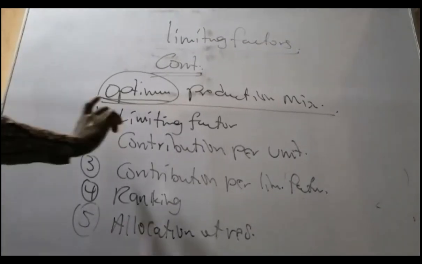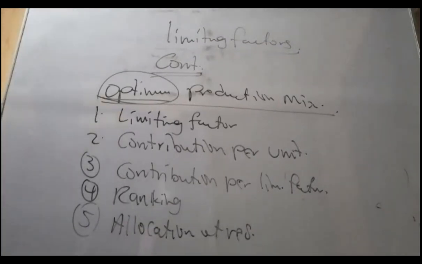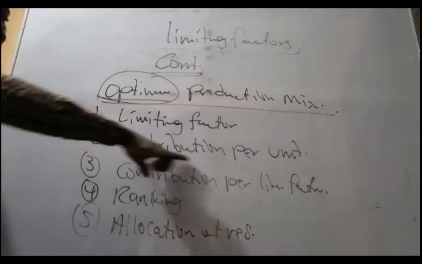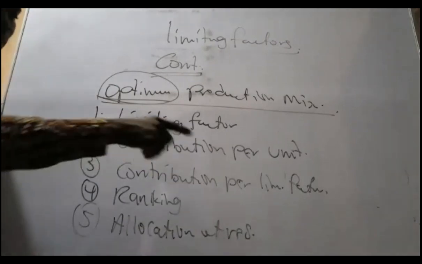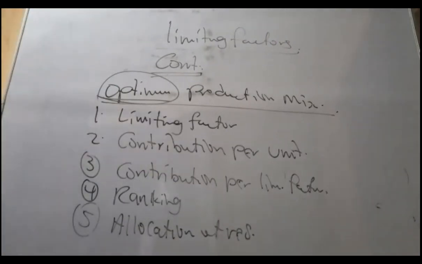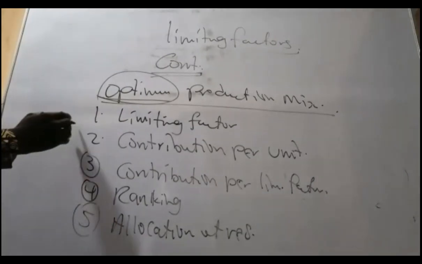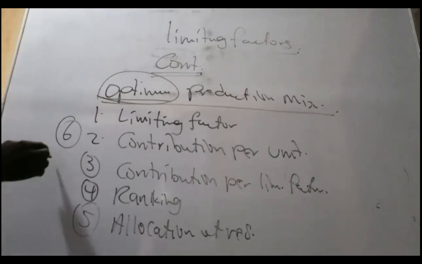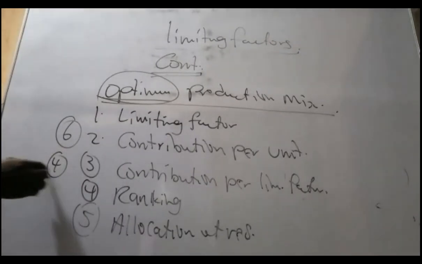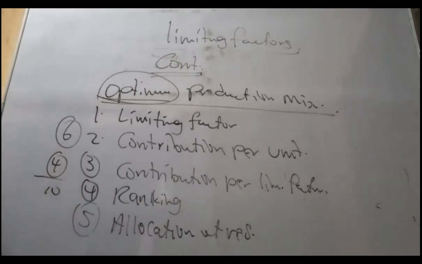Step 1, determine the limiting factor. You have to do that. Step 2, contribution per unit. Step 3, contribution per limiting factor. Step 4, rank them. Step 5, do the allocation. So this alone, please, will score you 6. Determine the total contribution, will also score you 4. You get your 10 marks. You are done with the game. How you get it?